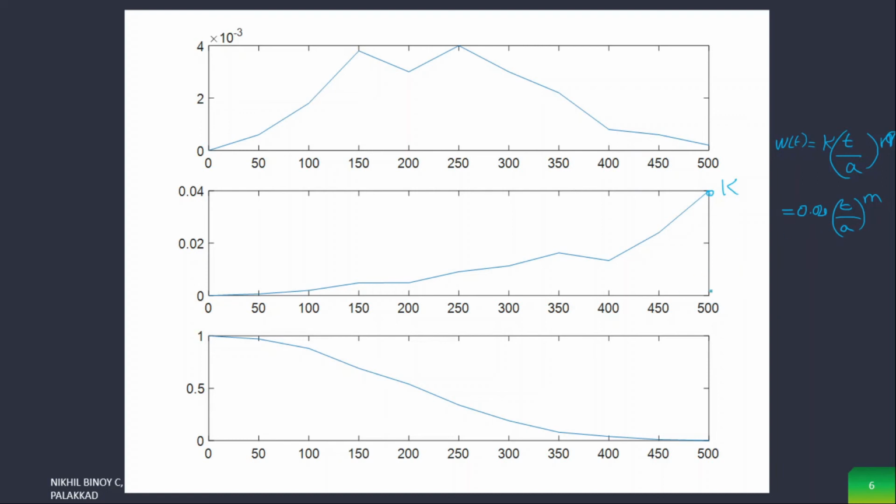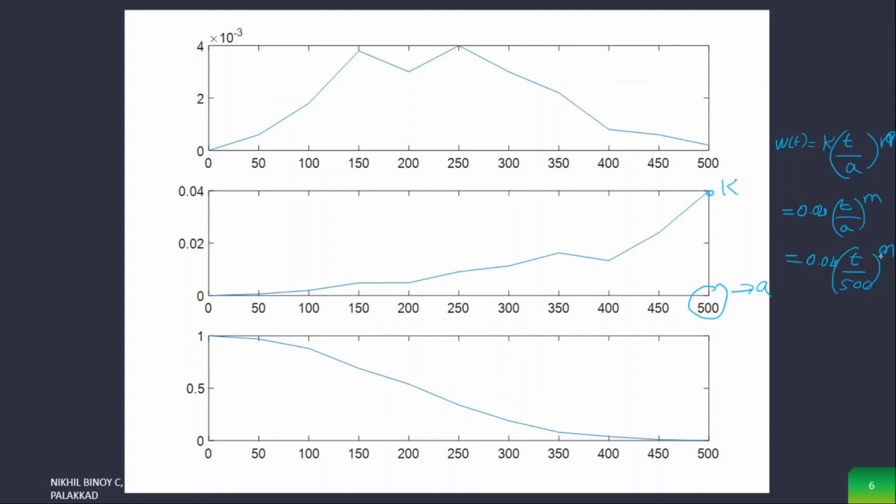This last test time, 500, is a. So W of t is equal to 0.04 into (t by 500) raised to m.